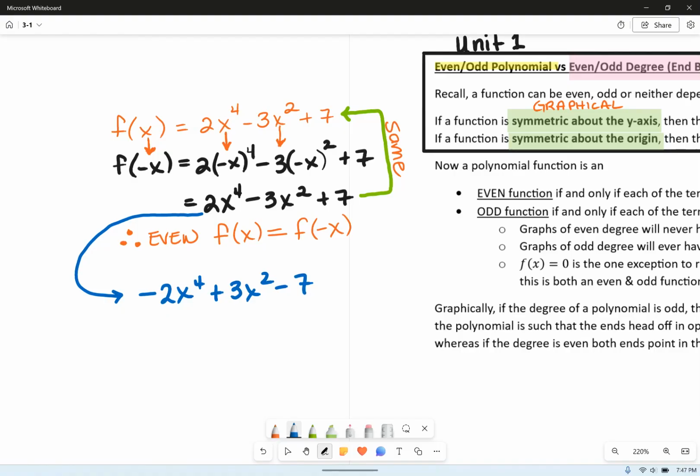I'm pretending that this was an option. I want you to notice how this negative 2x^4 is opposite to this. Positive 3x squared is opposite to negative 3x squared. Negative 7 is opposite to positive 7. So that would have been an odd function. Okay? An odd polynomial, my bad. Or odd function, yeah, I said that right.